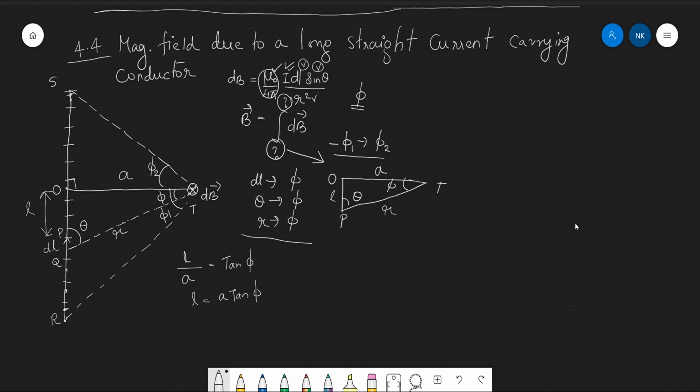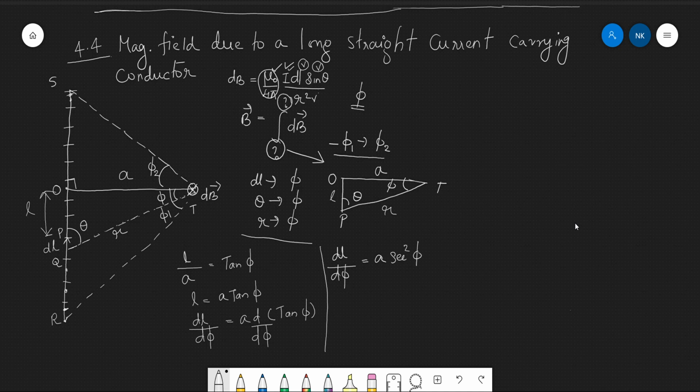Now L is a function of phi, so dl by d phi means a times d by d phi of tan phi. That will give dl by d phi equals a times sec square phi.